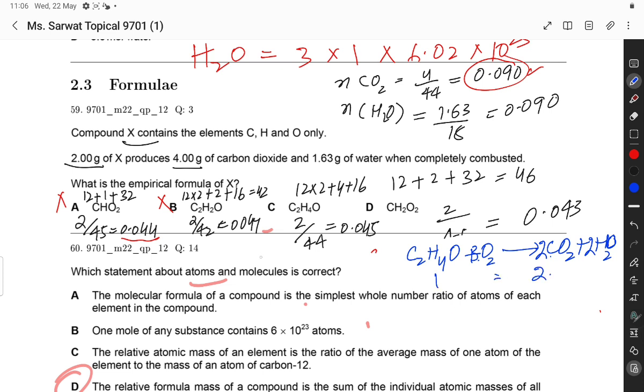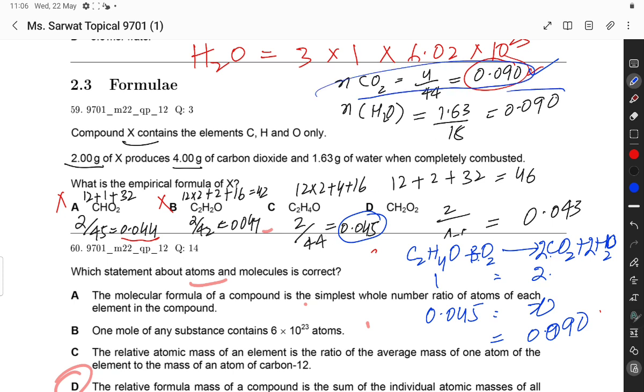C2H4O is 0.045 mole, 0.045 ratio X, that is equal to 0.090 mole. And similarly 1:2 of water, so the same moles in case of water, 0.090, which is equal to the carbon dioxide mole and water mole. So C is the best option.